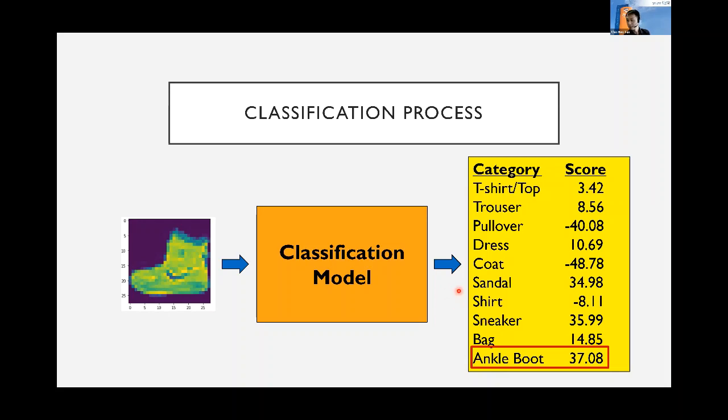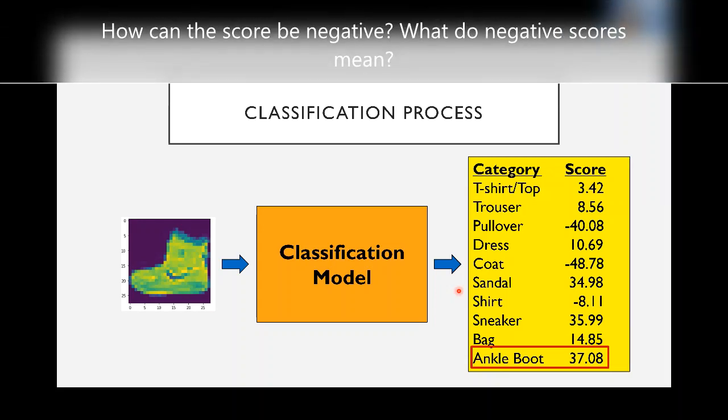Which brings us to the next question: how can the score be negative? From a mathematical perspective, later on when we go through the math, we can take a look at that, and it should explain why the scores can potentially be negative. It basically depends on how you implement it. There are different ways that you can implement it.